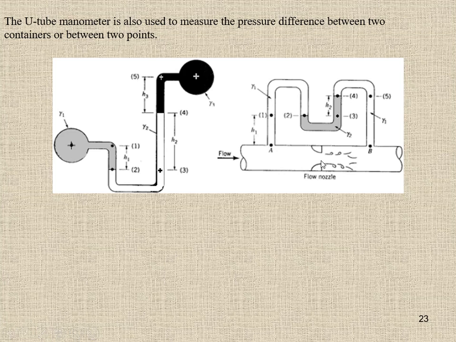In air conditioning ducts, we measure the pressure difference across the valves and across the equipment. We want to measure how much pressure is being dropped by the equipment. So how do we measure the pressure difference?